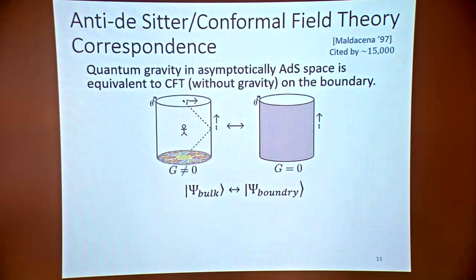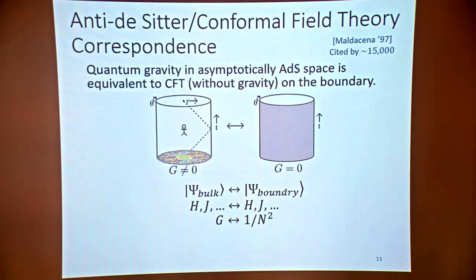I also want to get to some of the details that we need to understand about this duality. It's a quantum equivalence. That means we can map states from one side, for example, the bulk state, into a boundary state. We can map quantum numbers or conserved charges from one side to the other, including the Hamiltonian or the angular momentum. On one side of the duality, we have gravity.